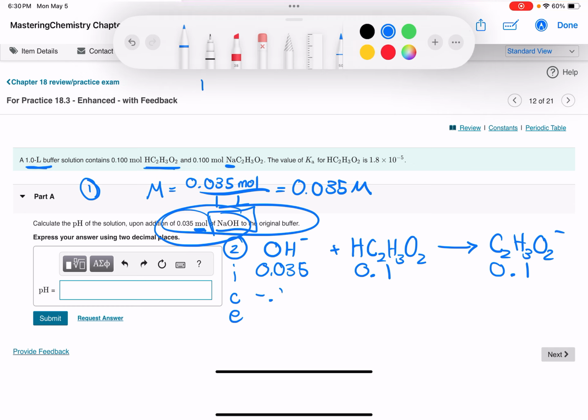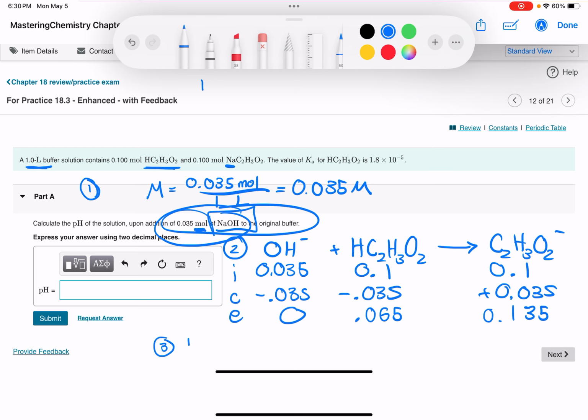Okay, then we use the smallest one up, 0.035, and we add it to that side. Okay, so I get 0, and then this would be 0.065, right? Yes. And then 0.135.